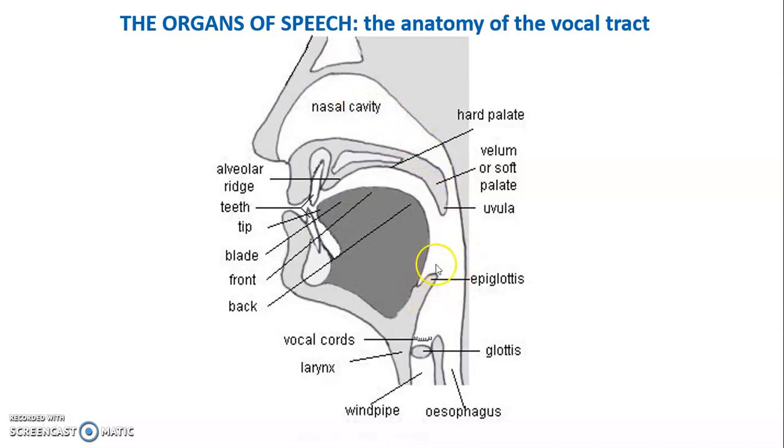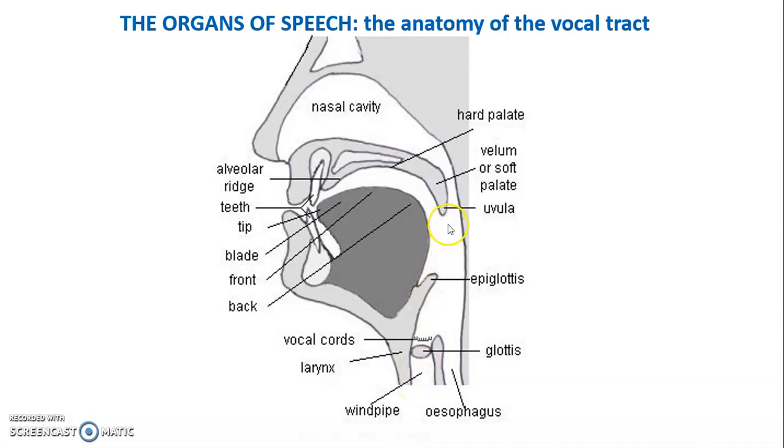Now you can see here the epiglottis. We haven't talked about the epiglottis. Why? The epiglottis is not involved in the production of sounds in English. Its function is mainly to fold over the glottis to prevent food or drink from going through the larynx.